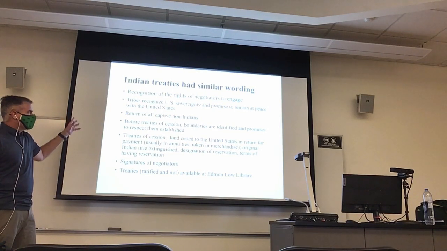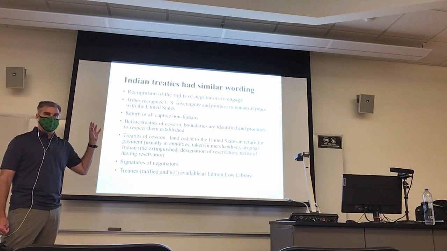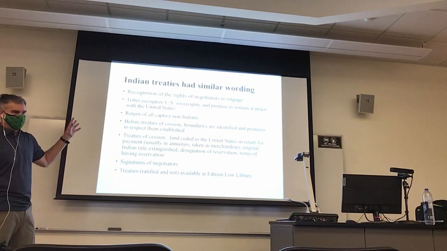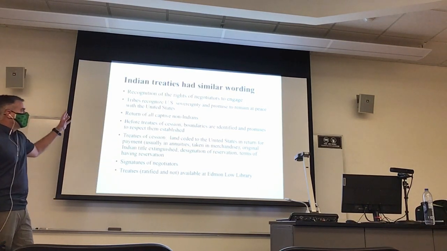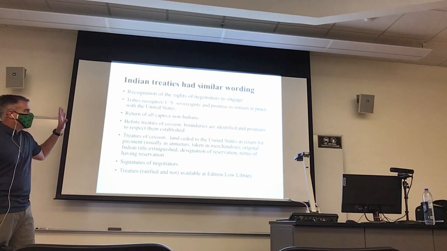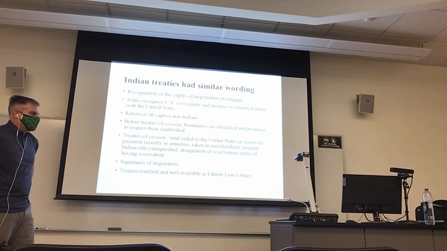And also recognize, sometimes they say recognize dependence on the United States, okay, after 1823. So they'll recognize the sovereignty of the United States and will say that they attempt to maintain good relations and peace with the United States.